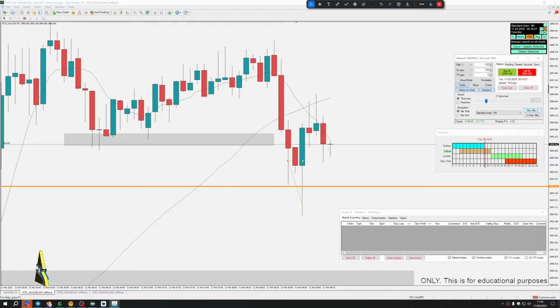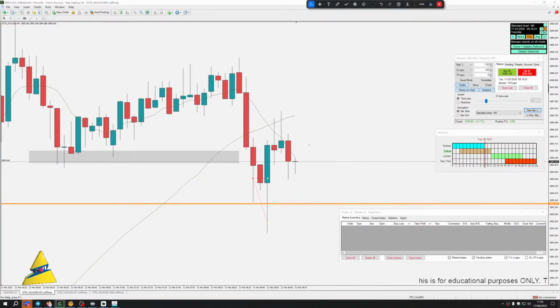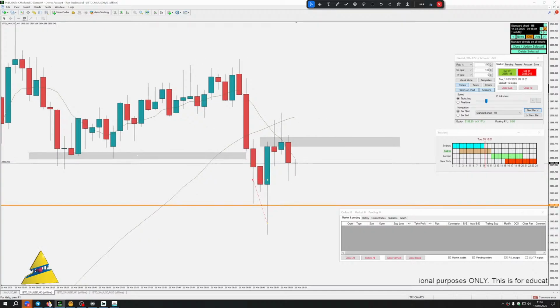We have a resistance here. We have a small range, roughly around 15 pips, 14.5 pips. If you remember the first trade that we took, we had a similar situation. Price came down, created a kind of support area, and that looked like a V-shaped reversal with some clean traffic on the left-hand side.